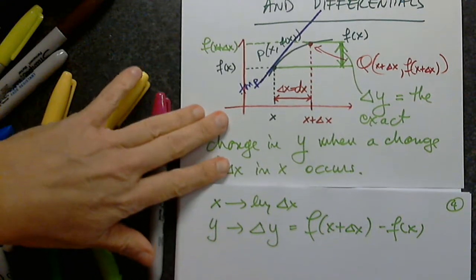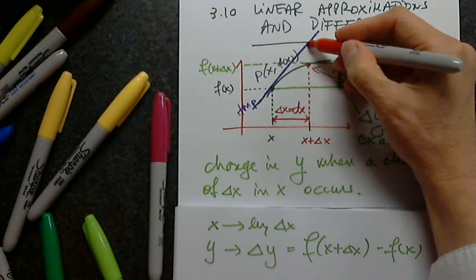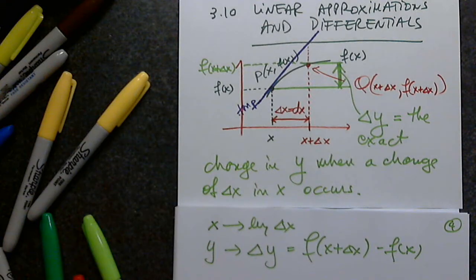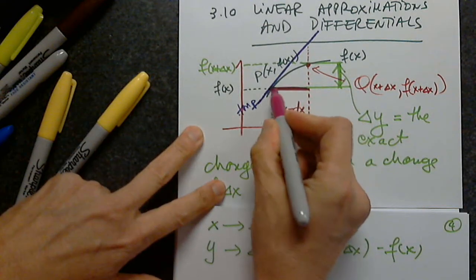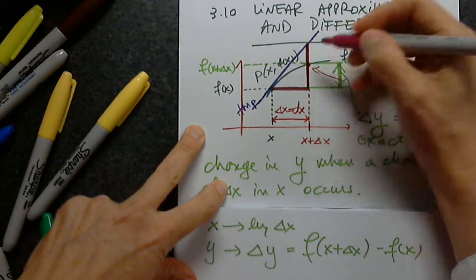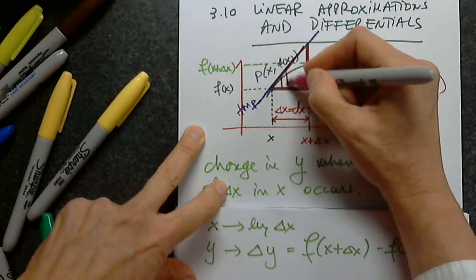Now coming back to the graph, I will extend this vertical line. And now I will create a right triangle. This is one leg, and this is the other, and this is the hypotenuse. So this is a triangle.